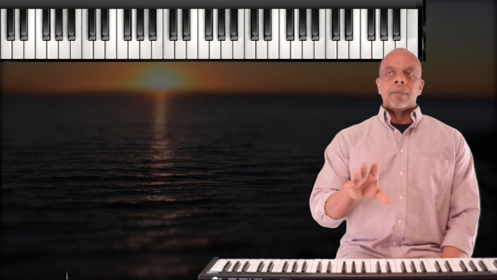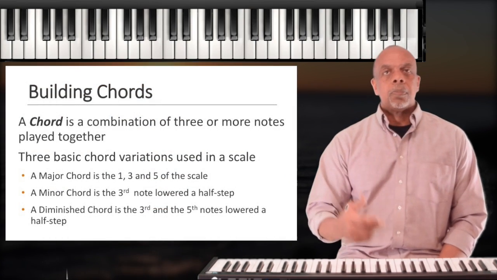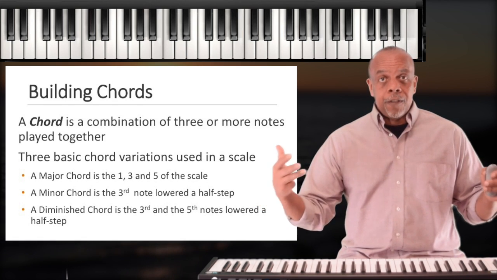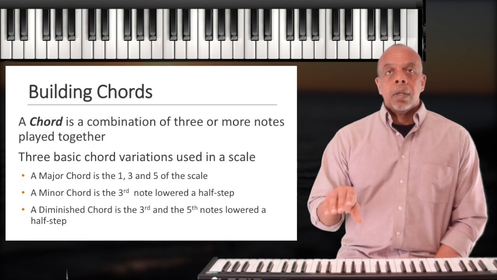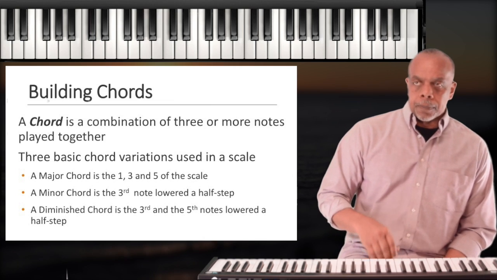Now, why is that important? Because when we start playing out our chords, you're going to see in just a second. When we talked about chords, you remember a chord is a combination of 3 or more notes played together. Within a scale, there are basically 3 variations of a chord that you're going to run across: the major chord, minors, and a diminished. Let me show you what these are.